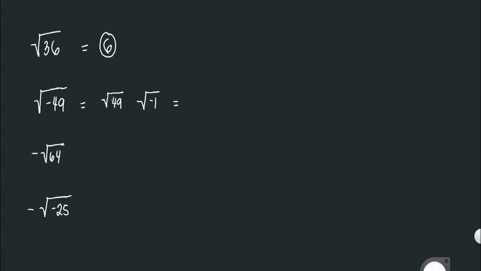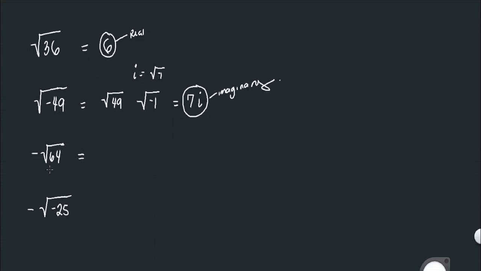Now we simplify, since i is the square root of negative 1. The square root of 49 is 7, and the square root of negative 1 is i. So the final answer here is an imaginary number, 7i. Okay? So yung first given natin is real, ito naman ay imaginary. Mae-encounter nyo yan kapag nakita nyo na yung number na nasa loob ng root ay negative.